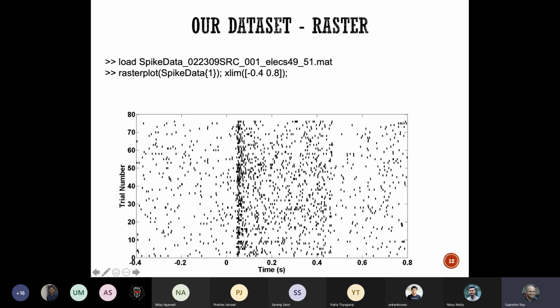So the neuron is responding by firing more action potentials. See that? There's more action potentials. But note a couple of things. One is that it's not that the action potentials are generated at exactly the same time. As you move from one trial to another, for the same stimulus presented at the same time, 0, the response is slightly different.